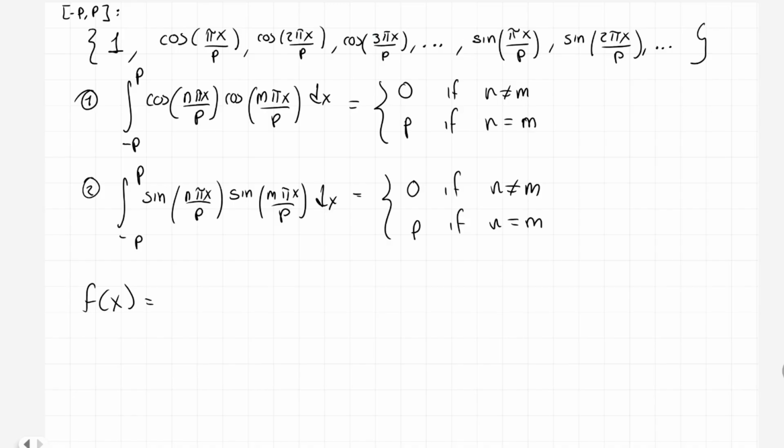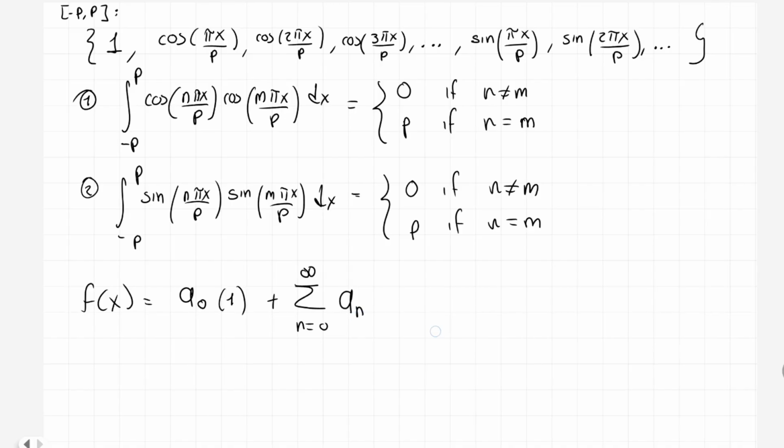For the first term, we are going to have a constant times the first function, which is the number 1. Then we are going to have the sum from n equals 0 up to infinity of some constant, let's call it a sub n, that multiplies all the cosines that we have in the set.